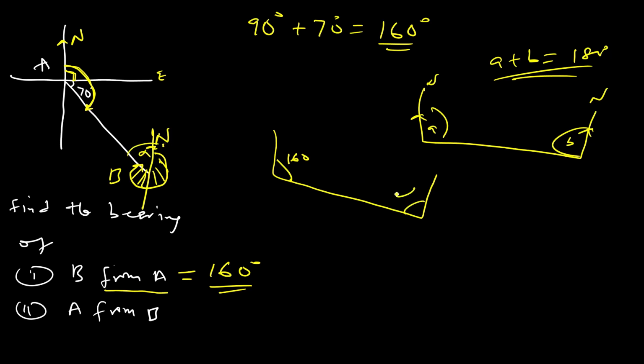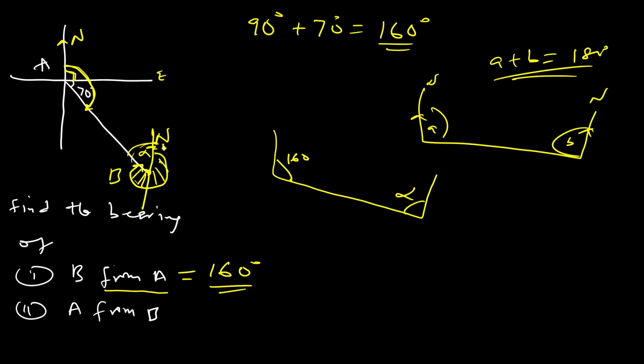Once we get this side, it makes an angle at a point, so from this side up to this side it will be 360. Once we find alpha, we can subtract from 360 to get the bearing of A from B.